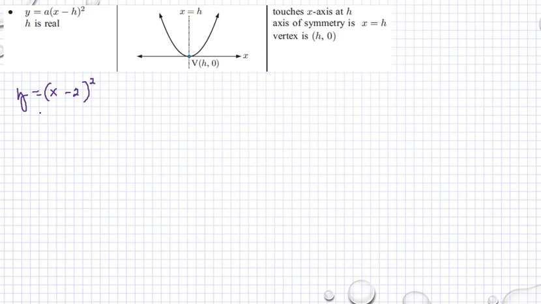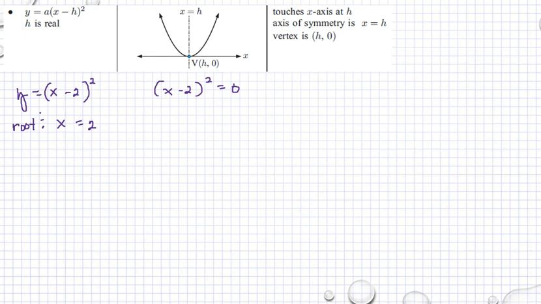Then I know that my zero, my root, is only one: x is equal to 2. Because (x minus 2) squared is equal to 0, then I can solve this equation. It will become x is equal to 2.